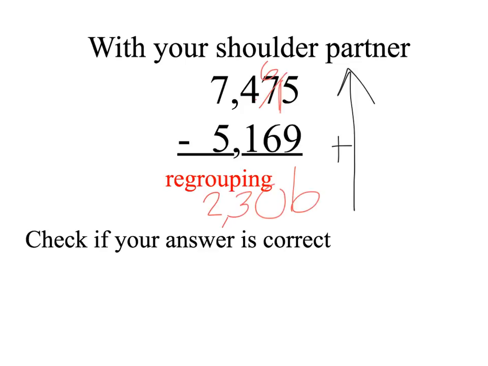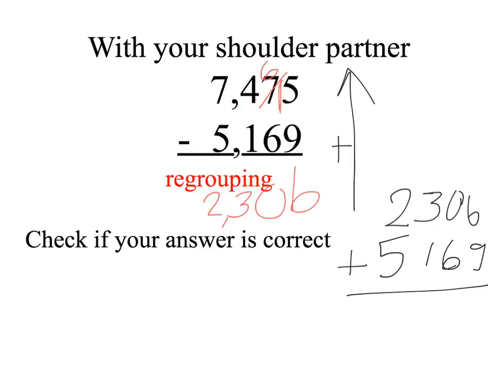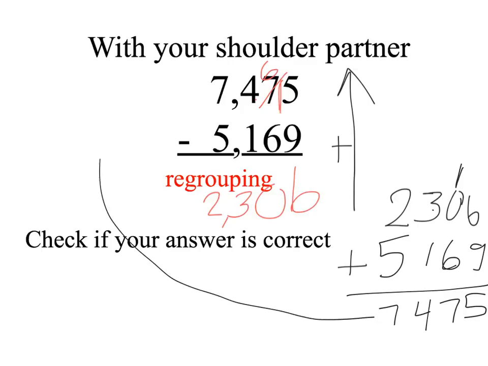So if I take my answer, which was 2,306, and I add 5,169, going up here, I would get 6 plus 9, that's 15, and then 1 plus 6 is going to give me 7, 3 plus 1 will give me 4, 2 plus 5 is going to give me 7. Well, since my answer matches up here, then you know that my answer is correct.